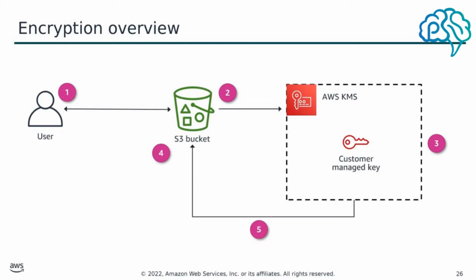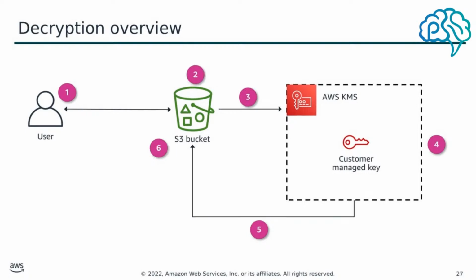And then KMS would send a copy of the data to S3, and then Amazon would encrypt that object by using the plain text data key, storing the object, and then deleting the plain text data key. And so this is all done for you automatically, which is great.